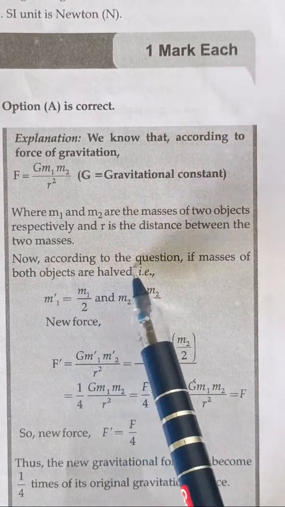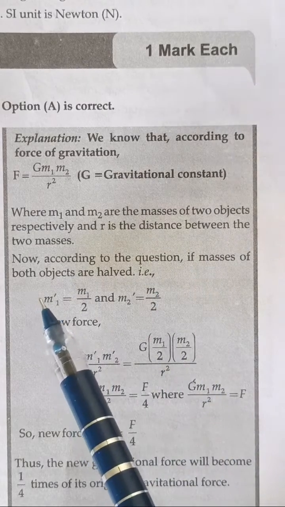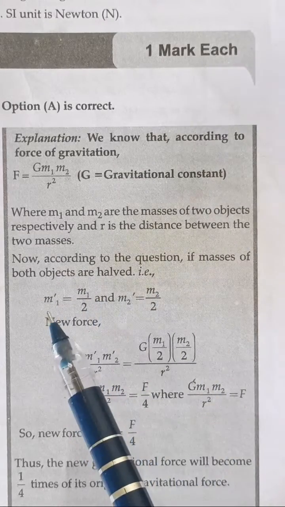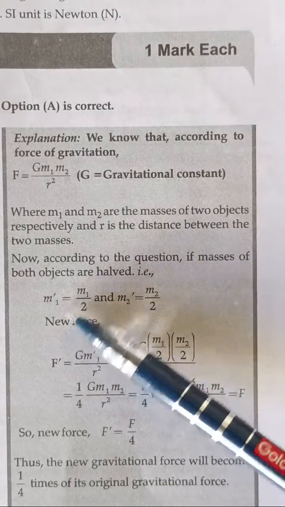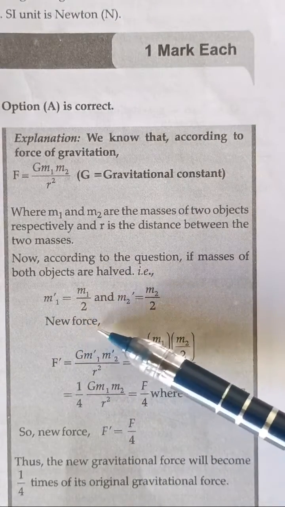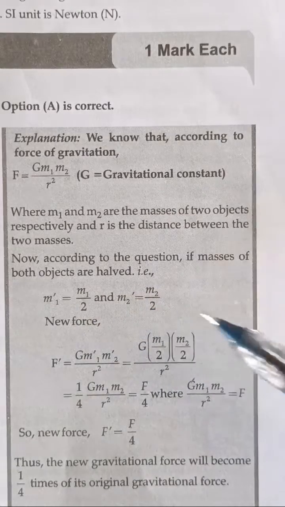Now according to the question, the masses of the objects are halved, that is m1 becomes m1 upon 2 and m2 becomes m2 upon 2.